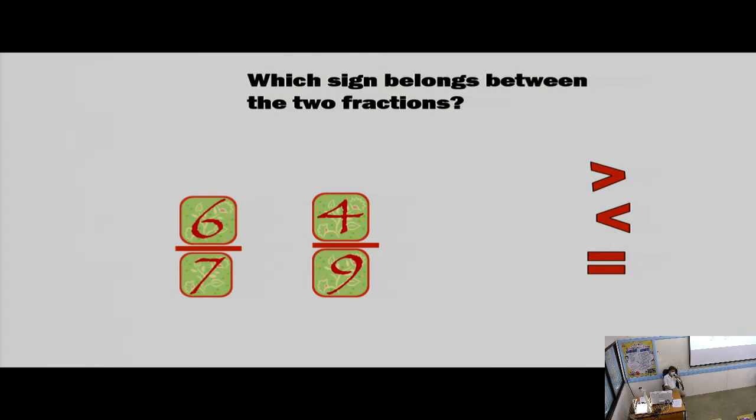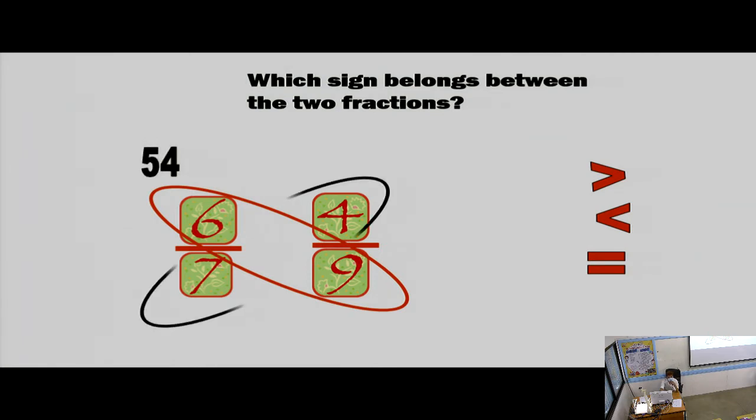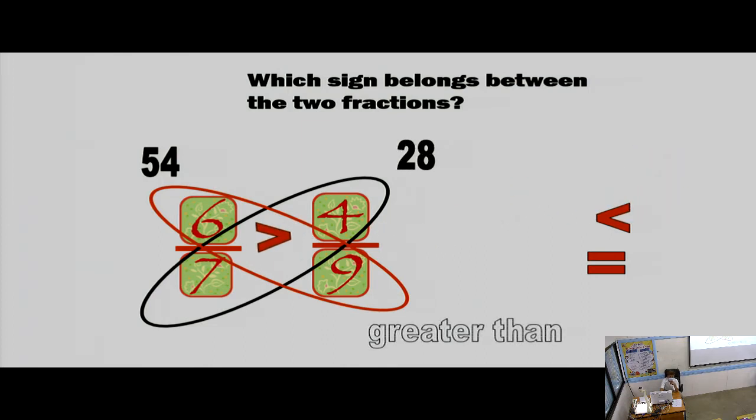Why more than? Because when we cross multiply 6 times 9, that is 54. And 4 times 7, that is 28. And 54 is bigger than 28, so we are going to use the greater than symbol.